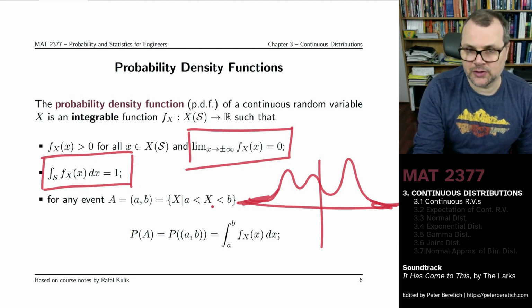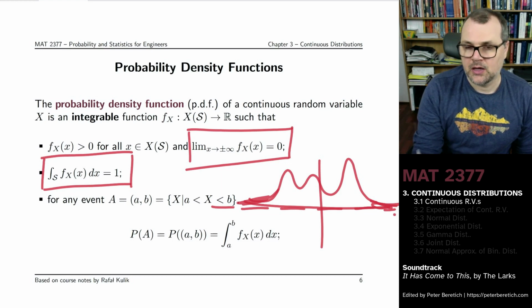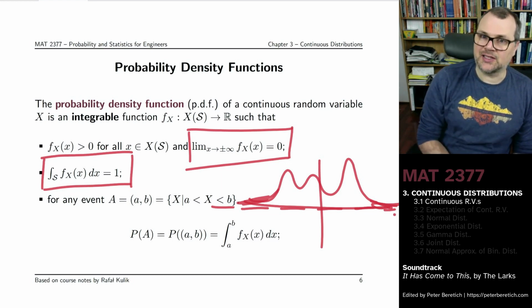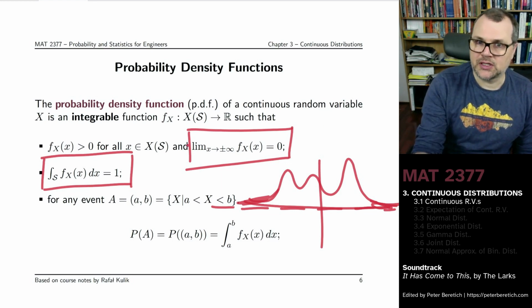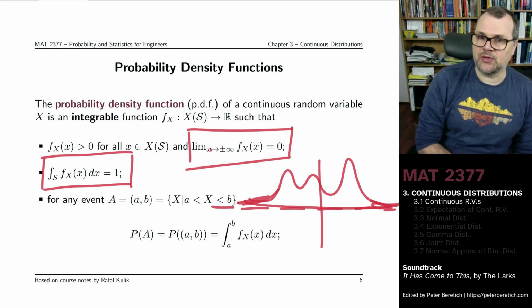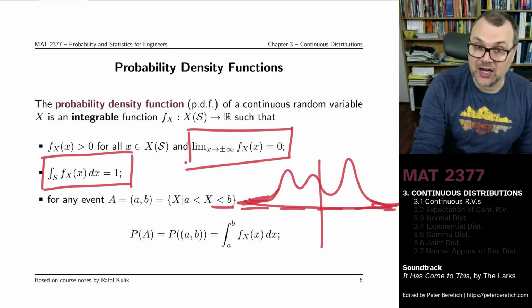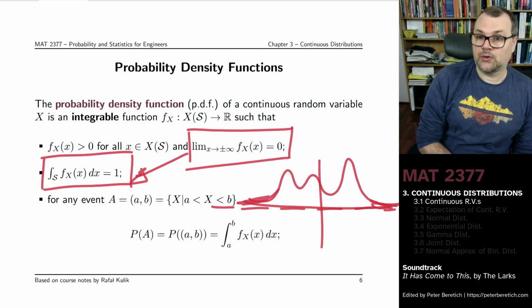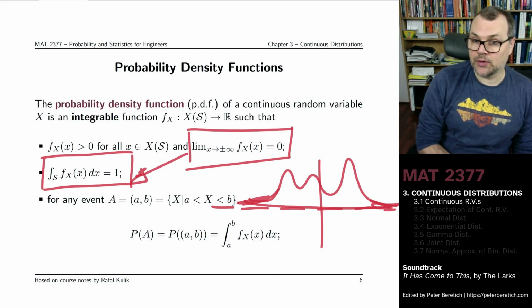That is a horizontal asymptote. Let me re-emphasize that it is not sufficient for this pair of limits to be equal to 0 in order to have the total probability be equal to 1, but it is necessary.